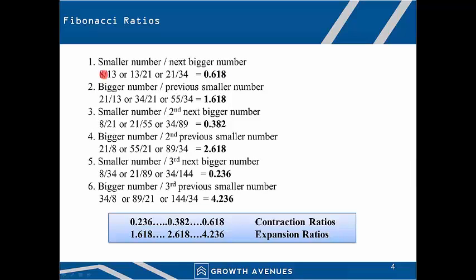But as you go up in the scale, 13 by 21, 21 by 34, 34 by 55, 55 by 89, and so on, the number will start to go more and more towards 0.618. Alright, so that is the first of the ratios.